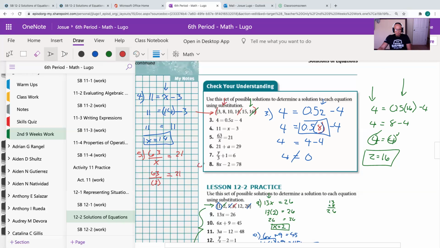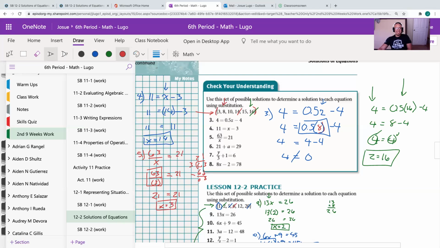Well, let's go ahead and try it out. 63 divided by 3. 3 goes into 6 twice, and 3 goes into 3 once. So that gives me exactly 21. So 63 divided by 3 is 21. You can see that both sides are now the same. This right side is 21. This left side is 21, but only when x is equal to 3. That's why that is my answer. X has to be equal to 3.